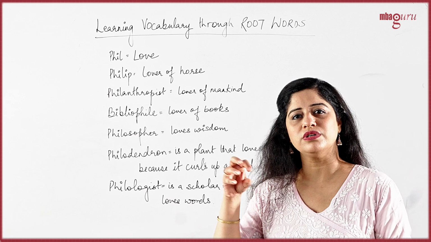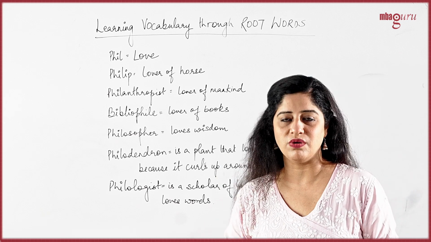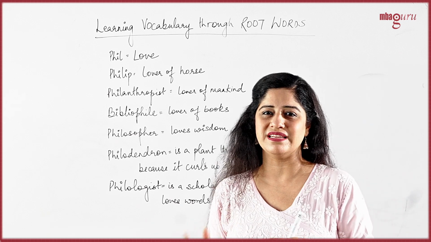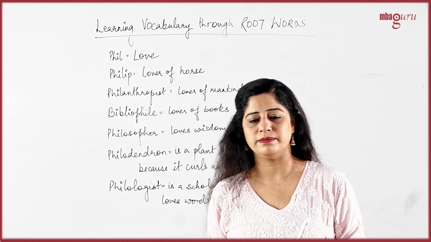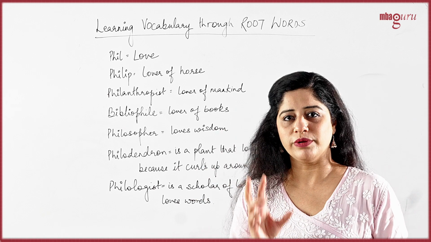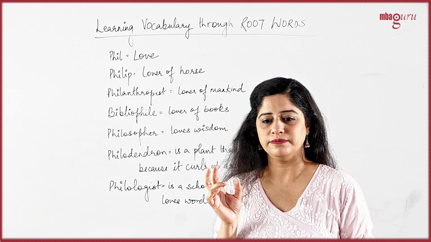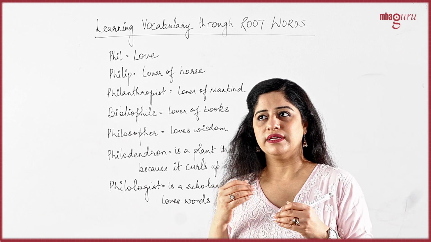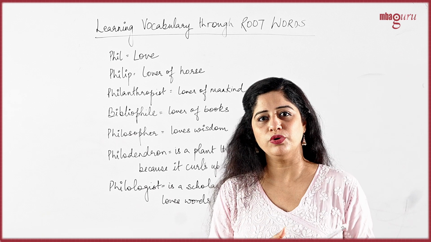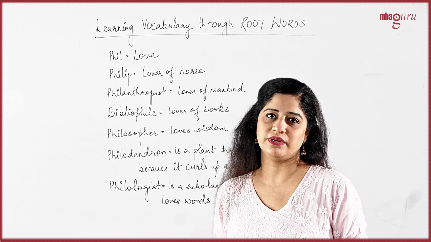Those languages' roots are taken from other languages as well, sometimes Latin, Greek, German, French, Hindi. So today I'm going to look at a technique which helps you work on words, keeping in mind one root word with multiple words that you can learn.